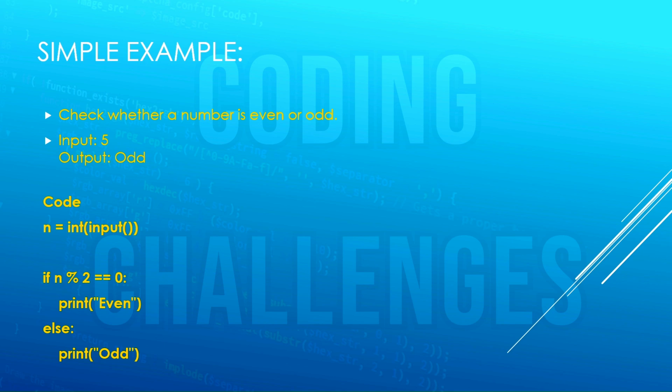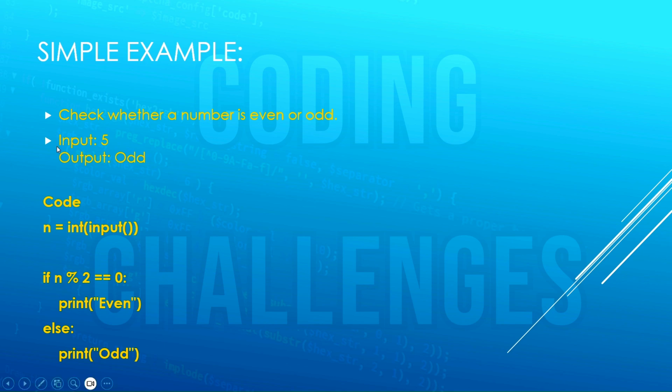You know that all even numbers are divisible by 2. So if the user gives an even number, n modulus 2 equals 0, and it will print even. Else, if the condition is false, it will print odd.